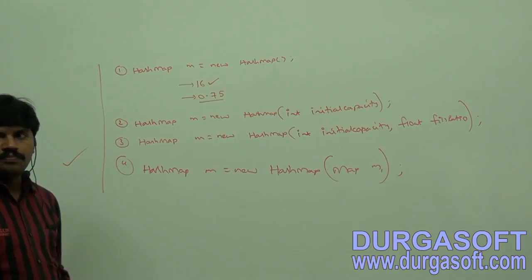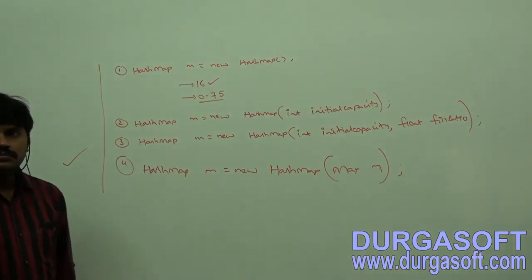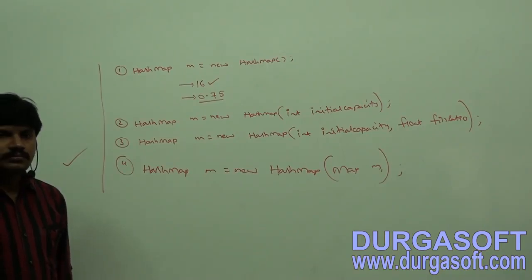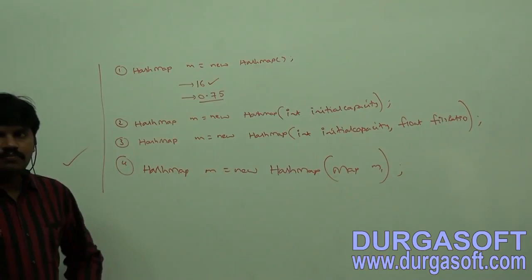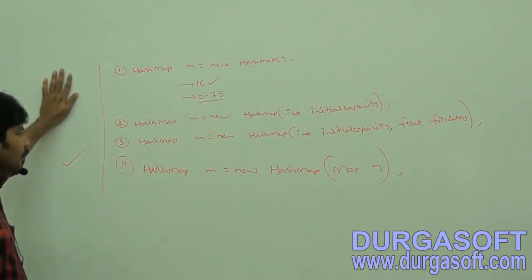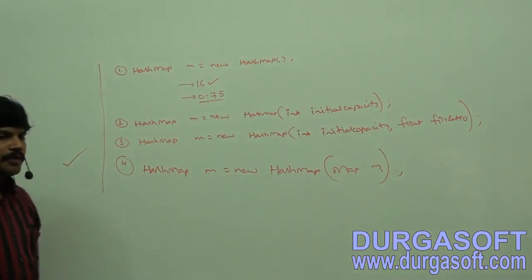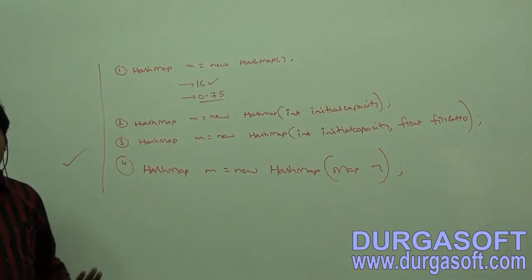That's all completed, I hope. So these are the four constructors we have related to HashMap. Are you able to understand that?